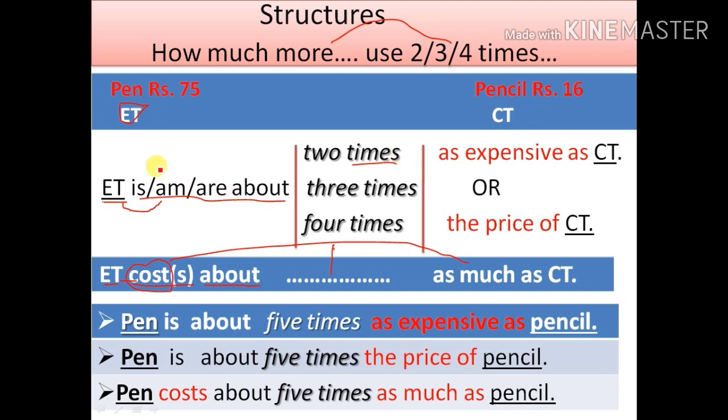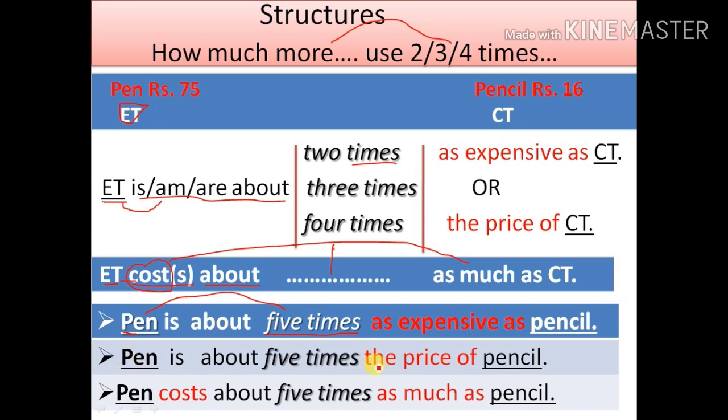So let's begin with putting expensive thing in the beginning, because these structures are about making comparison, putting expensive thing at first. So pen is about 5 times as expensive as pencil. Here pen is expensive thing and pencil is cheap thing. We are putting pen in the beginning, therefore we are using times.